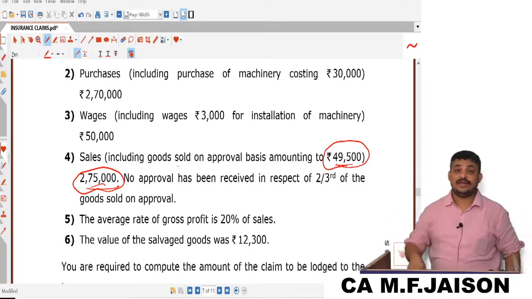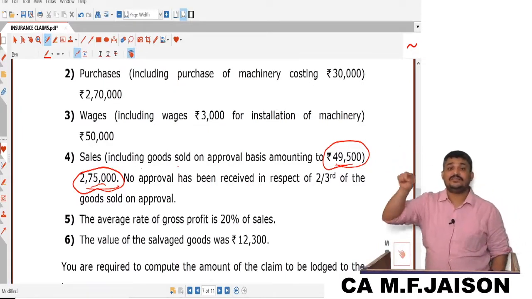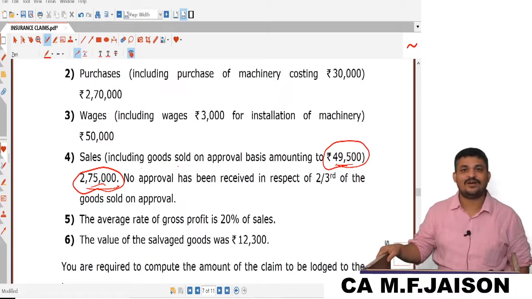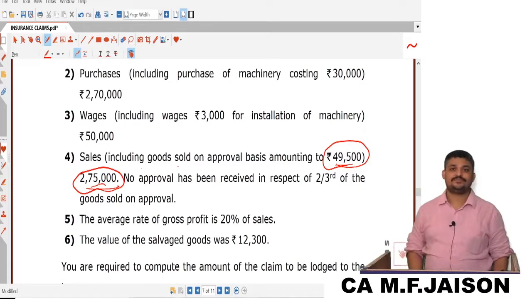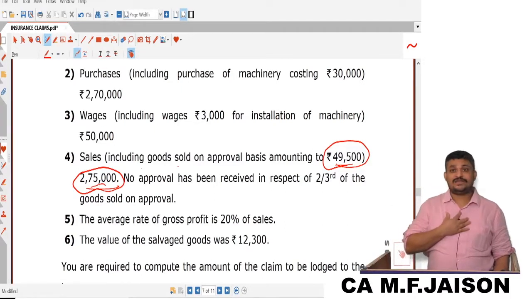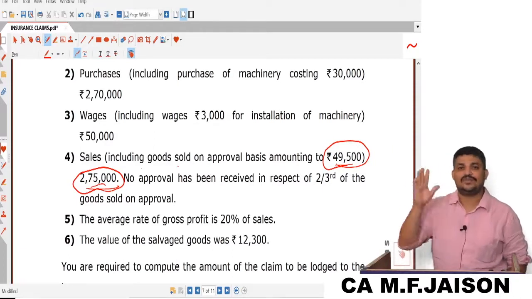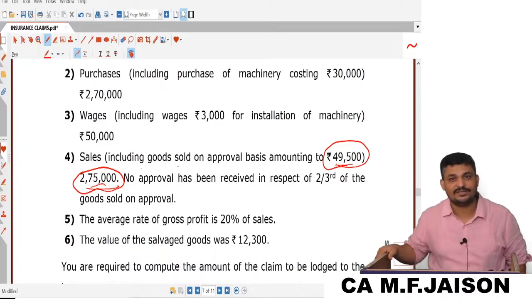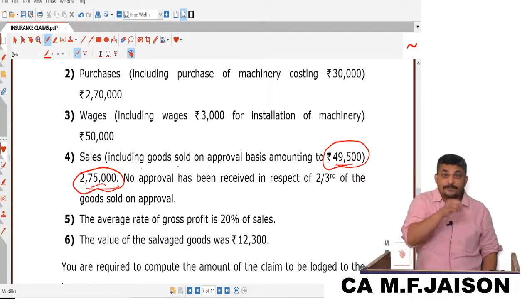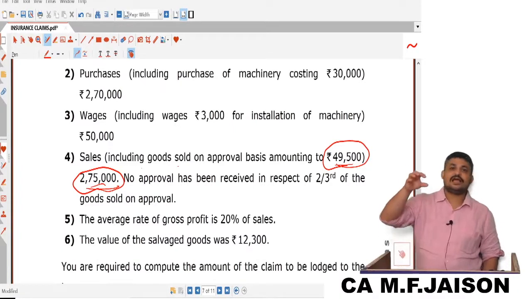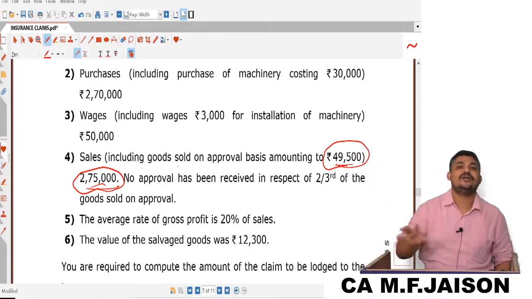Is that stock in our shop or with customers? With customers. So it should not be part of the stock on date of fire. Only that stock which is available in our shop counts. Some stock we own but which is available in some other place is not stock on date of fire. Fire policy means stock stored in a particular place. If stock I purchased from a supplier is in transit, that is not stock on date of fire, even though I am the owner.